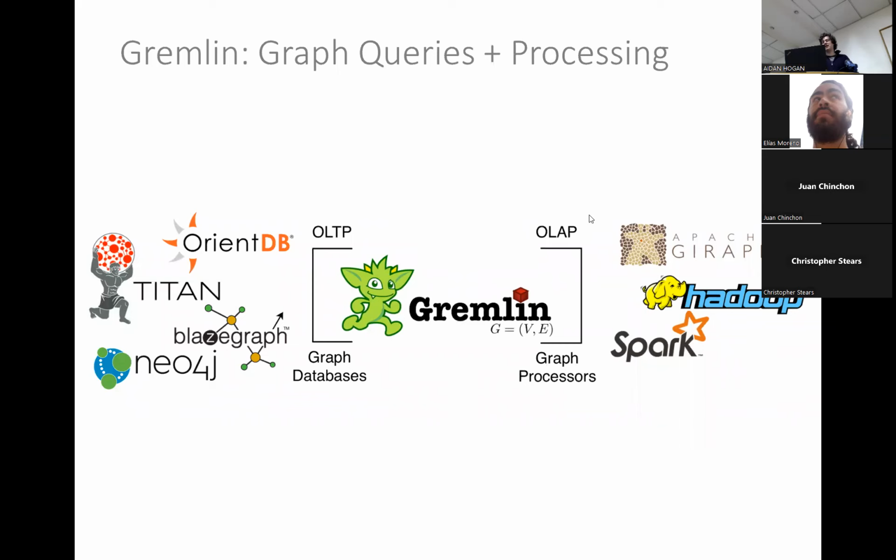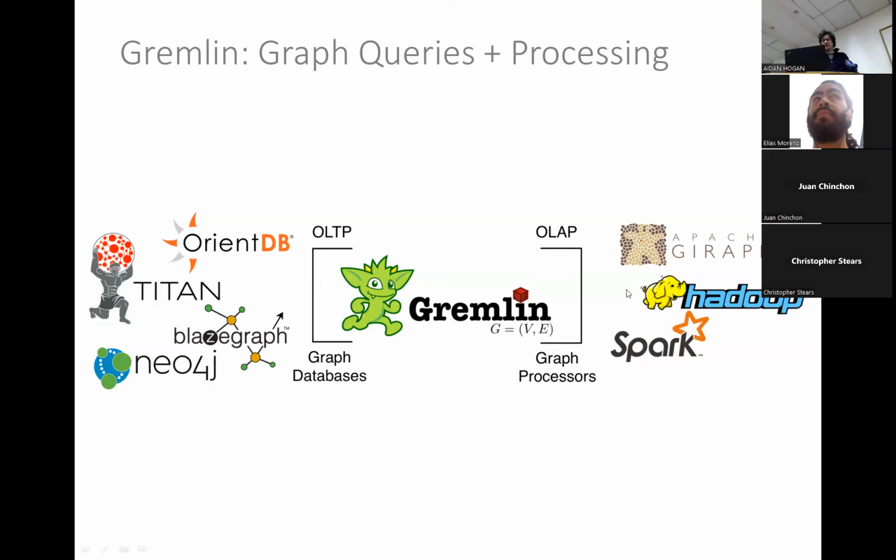OLAP is online analytical processing, where you could be processing your entire data set to take an average of a column or find some aggregate feature over a large part of your data to generate a report. OLTP is like your typical relational database system, and OLAP goes more in the direction of something like Spark, where you want to analyze your entire data set.